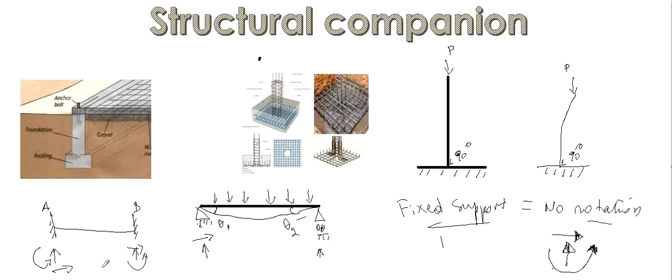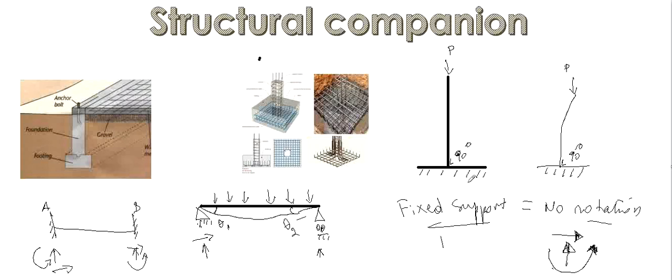So where do we find fixed support? Fixed support, where we mostly find it, is for a footing. What is a footing? A footing, as it is drawn here, is a structural component that spreads the applied load to the soil.